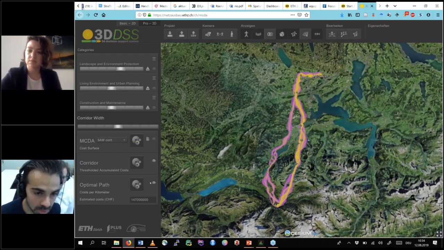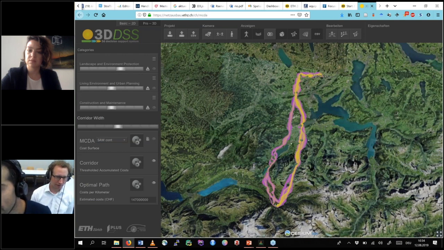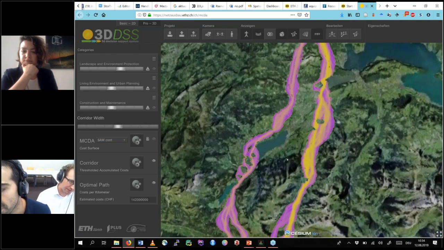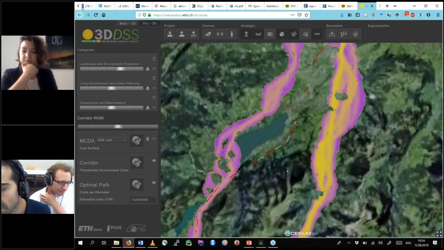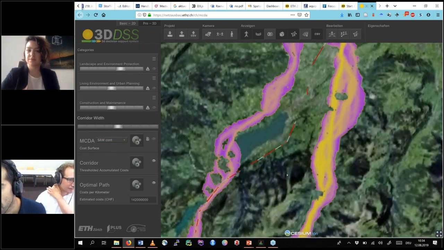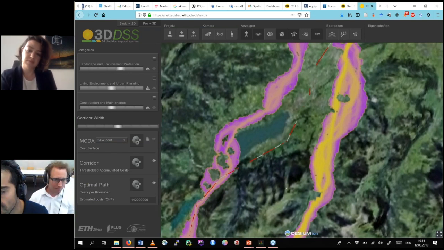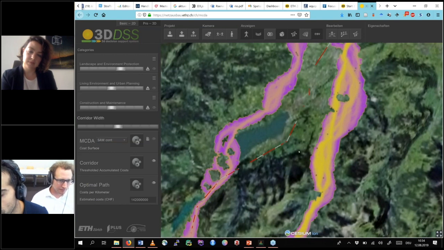Now we switch to 3D mode. Okay, 3D mode. We have a very slow connection today. You can also zoom into the whole landscape. It lags a little bit because we are using so many different tools today. Here we are. You could shift it. You can also blend in.